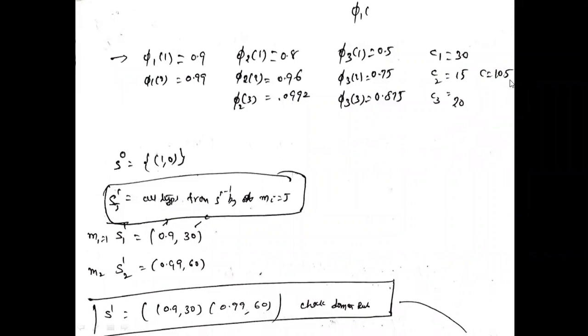105 minus 60 is 45. So you can place one device in the second stage and one device in the third stage, because the sum of the two costs, that is the second device and the third device, is 20 plus 15, 35, but the remaining capacity is 45.